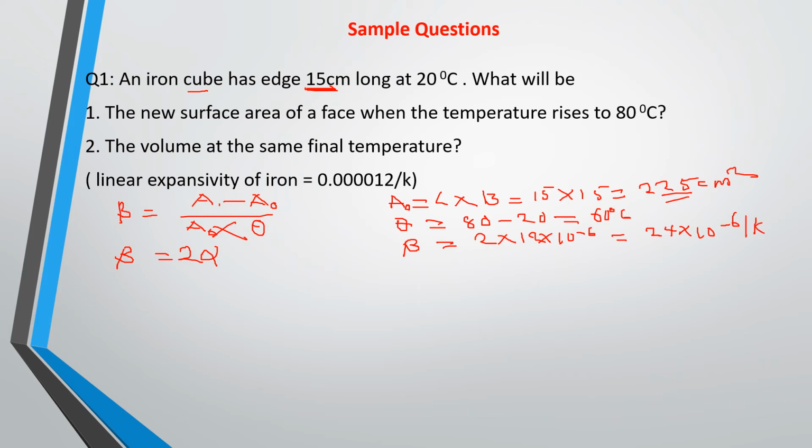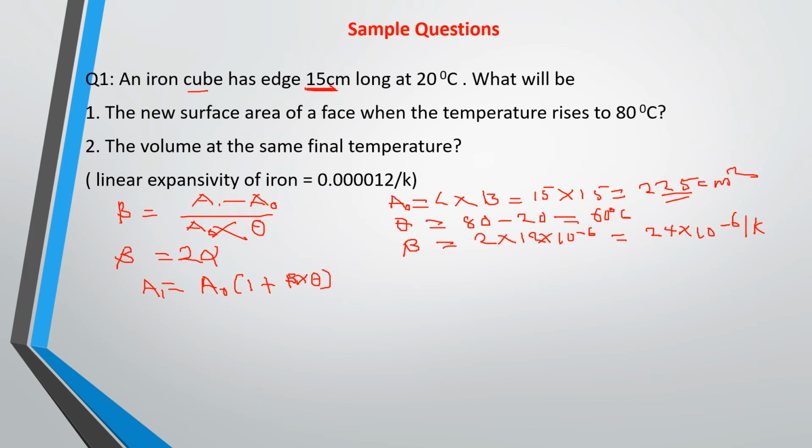Okay, so we have gotten this now. So we said that for your new area, A is equal to initial area A0 bracket 1 plus your area expansivity multiplied by change in temperature.